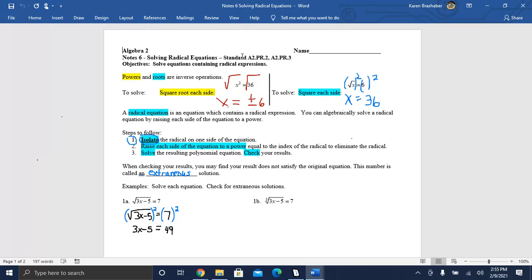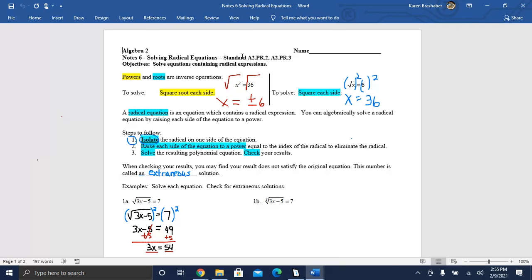So this equation doesn't have an x squared in it, so all we need to do is work to get the x by itself, so we can add 5 to both sides. That would give us 3x equals 54. And then we can divide both sides by 3.